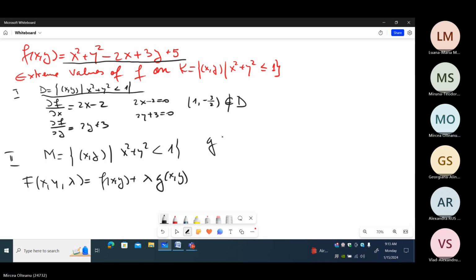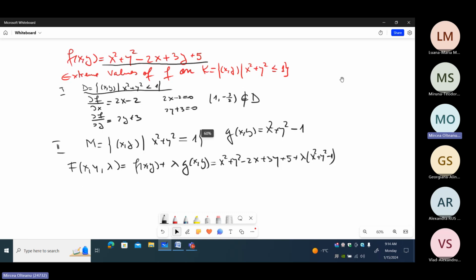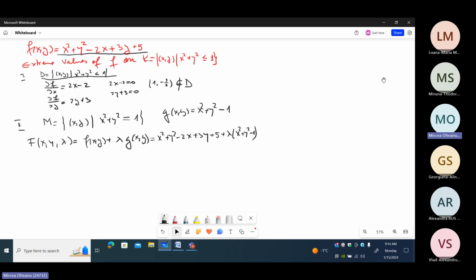Sorry, here it's equal; I took the same equality on the border, on the circle. g is x squared plus y squared minus 1. Okay, this is the function capital F. And now we need to compute the partial derivatives of capital F.